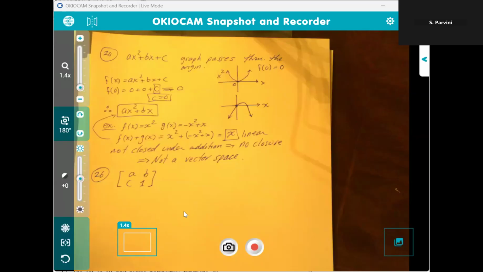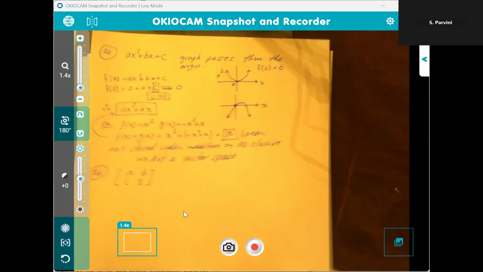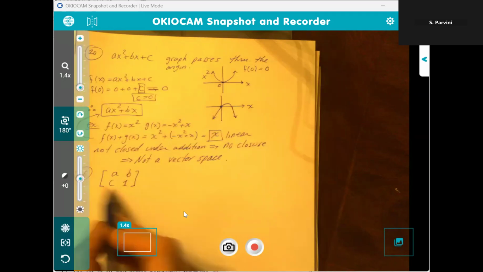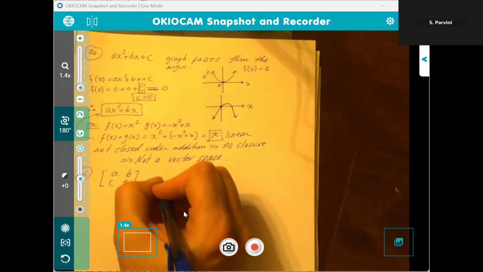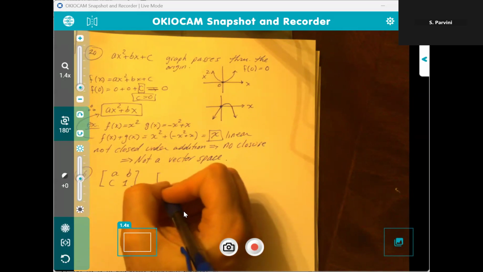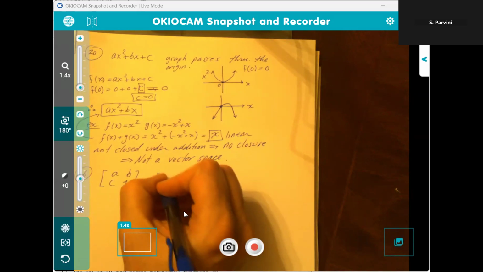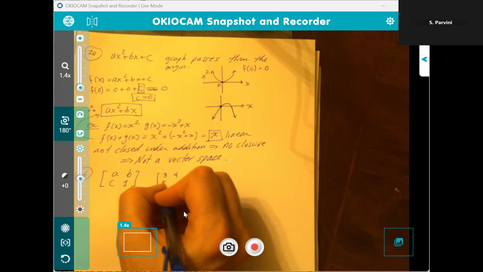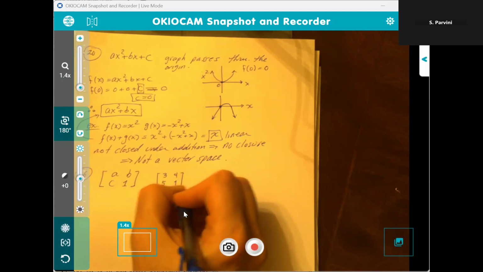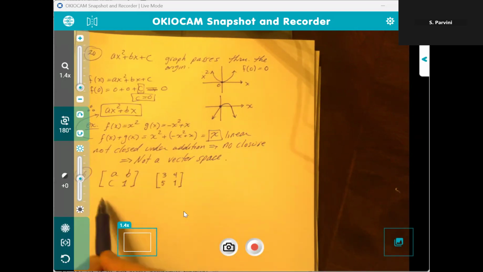I know this is a little abstract. Here's what I mean. I'm going to choose 2 matrices that are in this structure. Tell me if this is right or wrong. 3, 4, 5, 1. Is that matrix in the form that the exercise displayed?